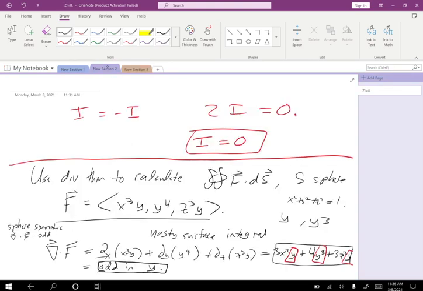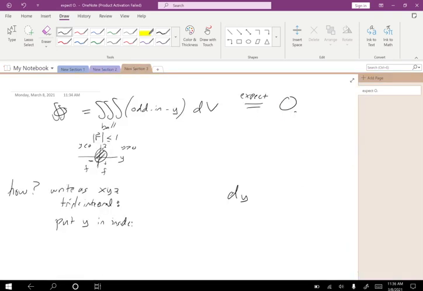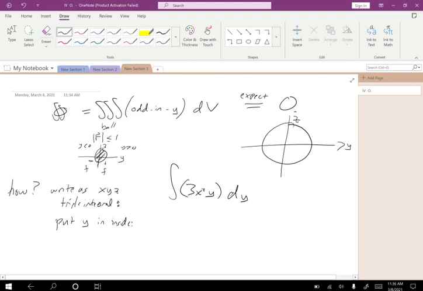And for concreteness, I'm going to use one of these terms, the 3x squared y term. So 3x squared y dy. What are our ranges going to be? Well, we have our sphere. Really, there's an x too, but I'm just trying to draw to simplify. So we have x squared plus y squared plus z squared equals 1.